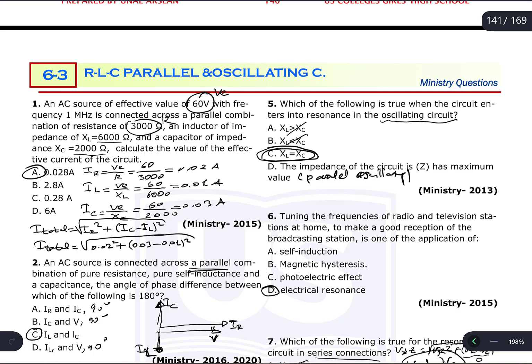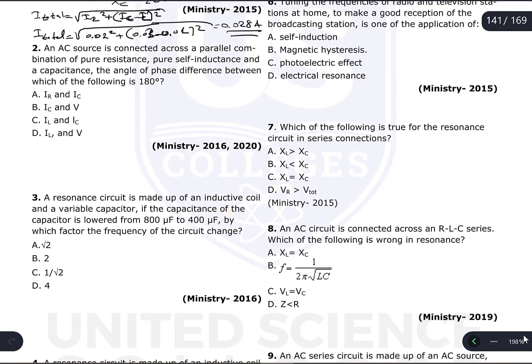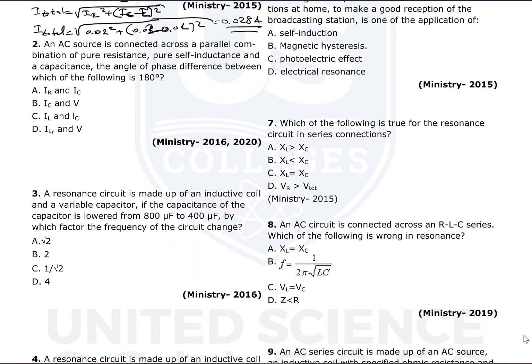When you use this, you are going to get the answer 0.028 amperes. So A is going to be the correct answer. And let's continue with second question.